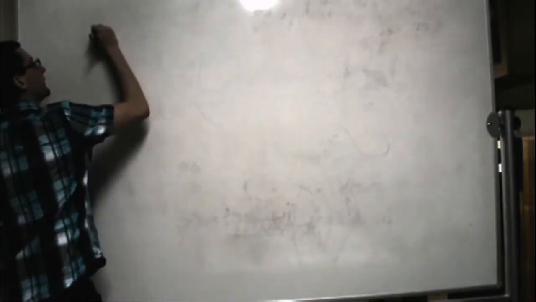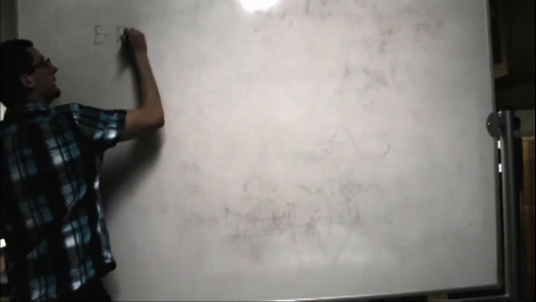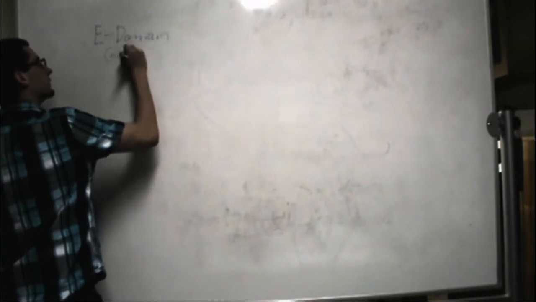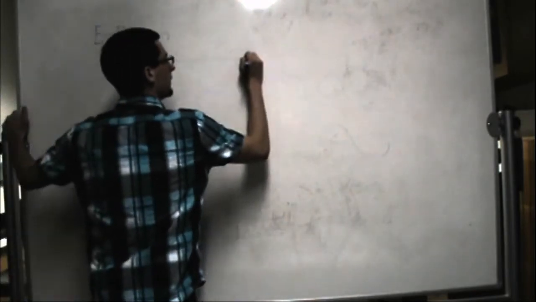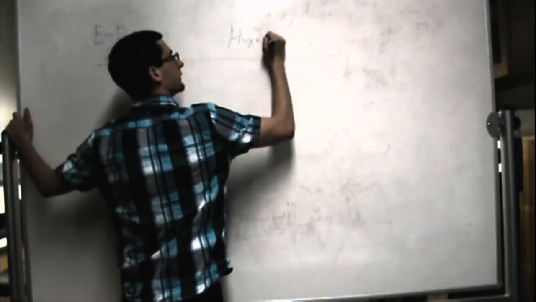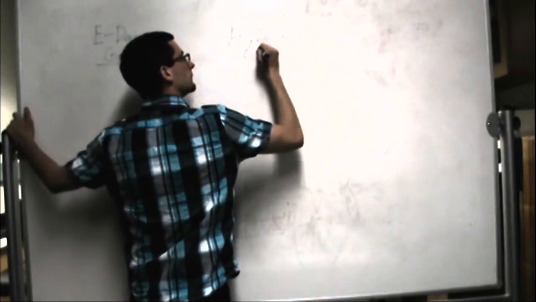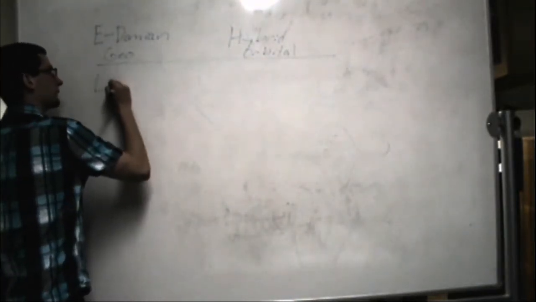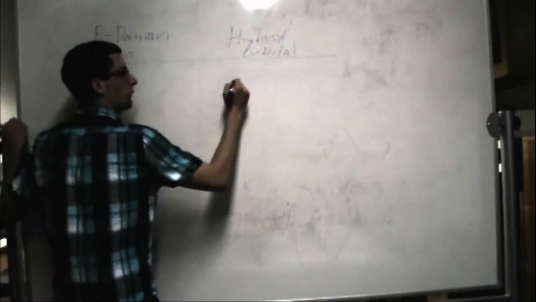You have your electron domain geometry, and then you have the hybrid orbital that is formed. In the case where we have something linear, that will be an SP type orbital.